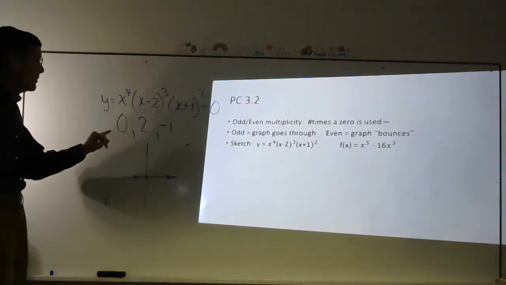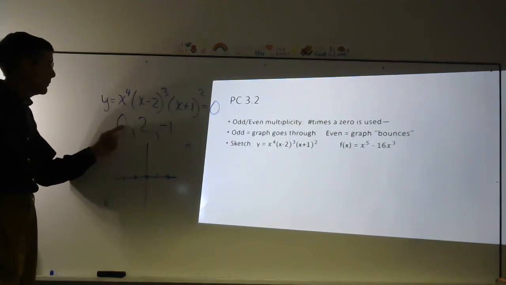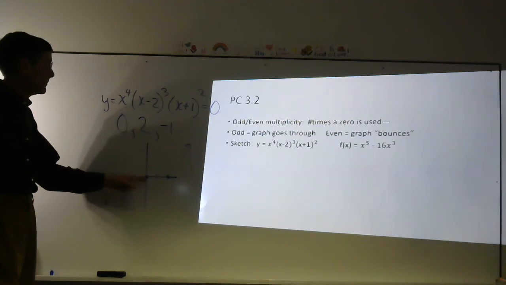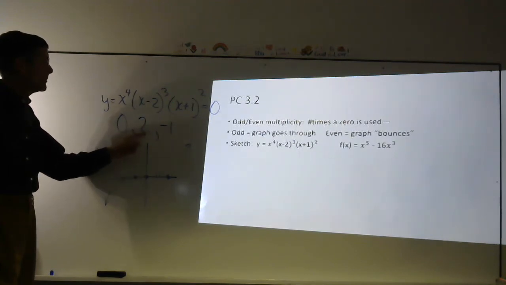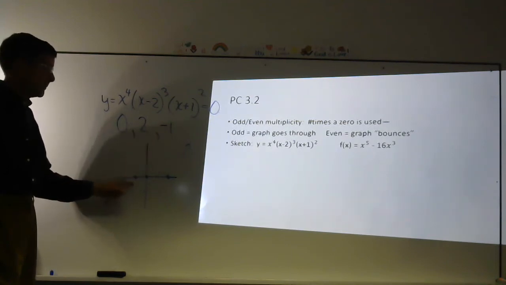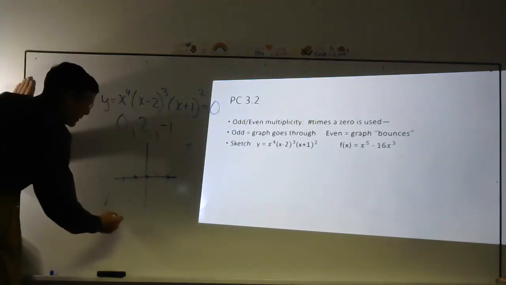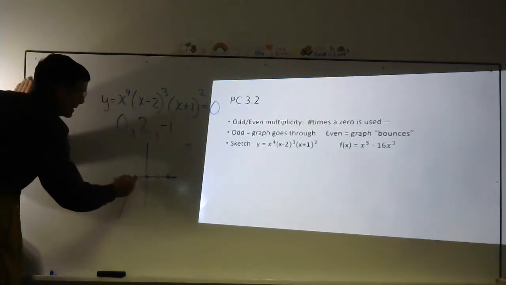Now, we know it's going to bounce wherever there's an even number of uses. Here, this was used 4 times, so it's going to bounce at 0. This was used 3 times, so it'll go through. -1 was used twice, so it's going to bounce at -1. If it's way down here, it's going to have to come up. So here it comes, up to -1.